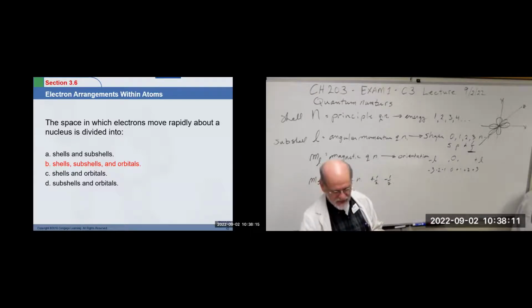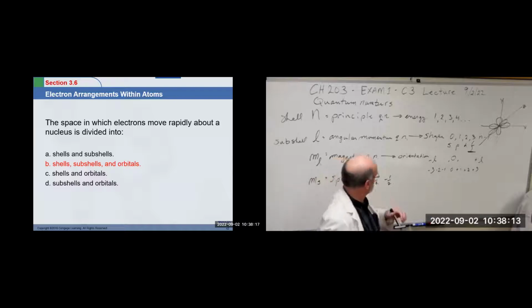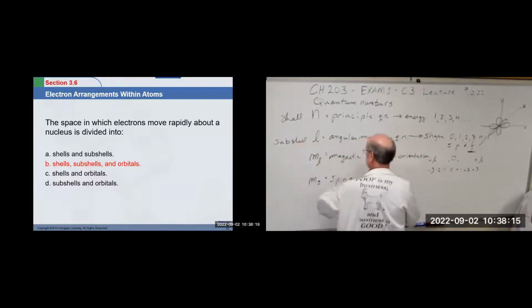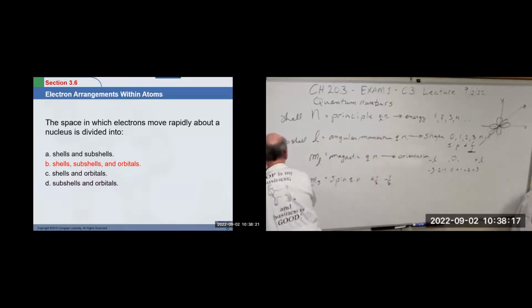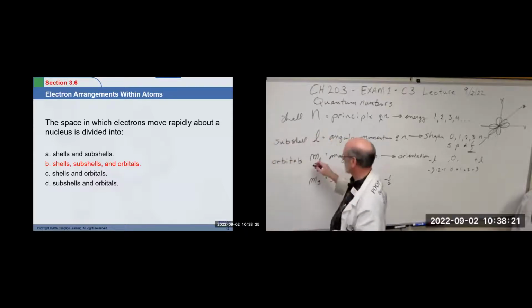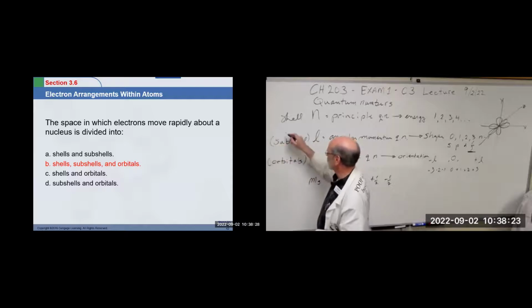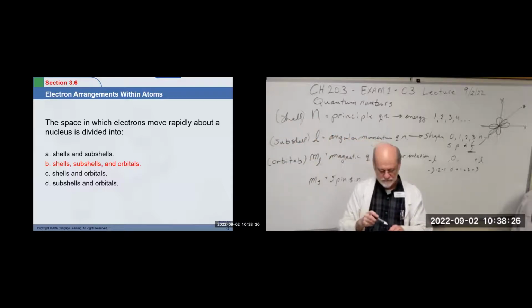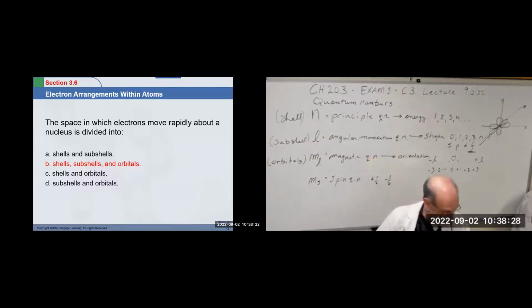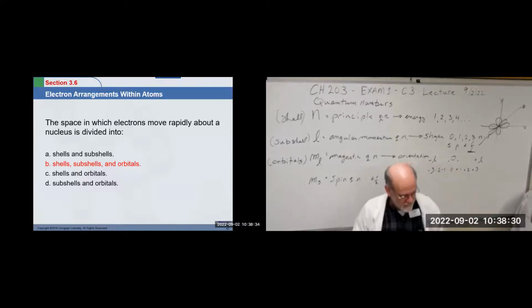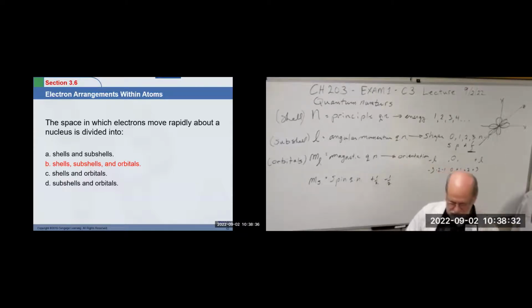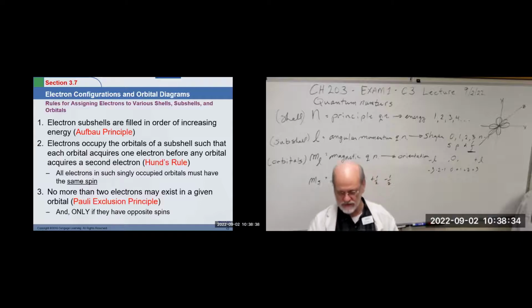Shells, subshells, and orbitals. So these are shells, these are subshells, these are orbitals. I'm trying to relate these to what your book calls them. And I think your book talks about these things. But now what we want to do is use this information to construct an electronic configuration around an atom.